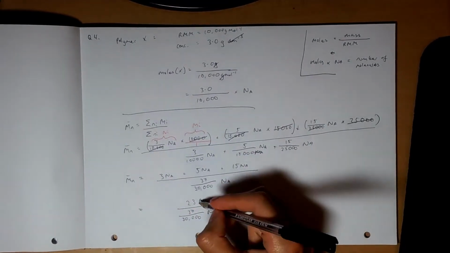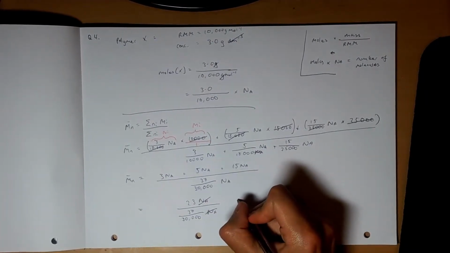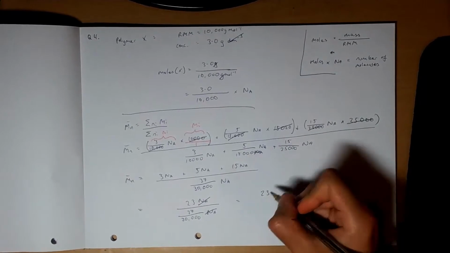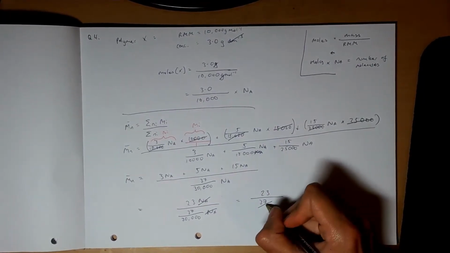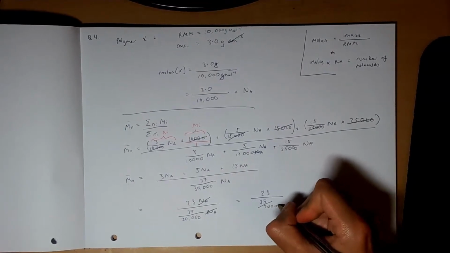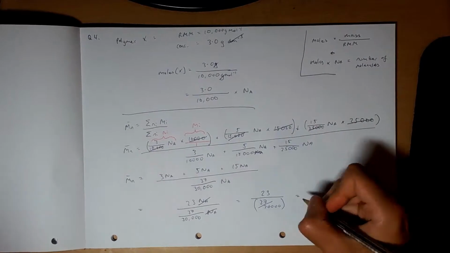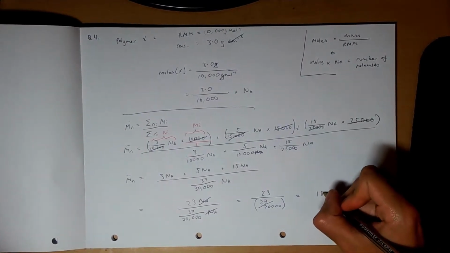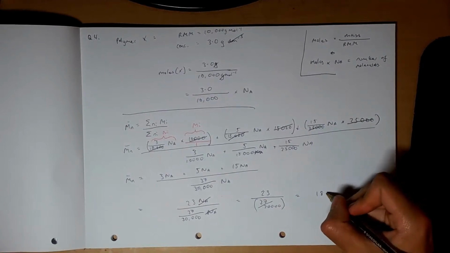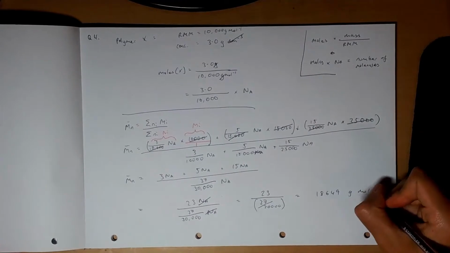The Na's are the same on the top and the bottom, so they cancel out, leaving us with 23 over 37 over 30,000. This being in a bracket to simplify a bit, that will give us a number average molecular weight of 18,649 grams per mole.